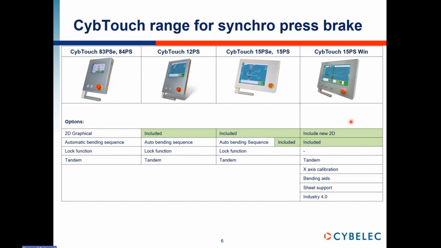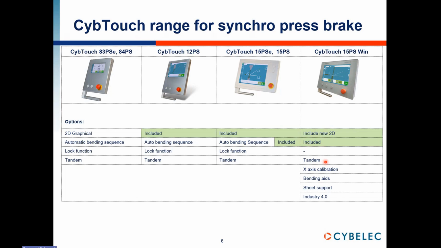So you can have hemming tools and hemming band in 2D, for example, preband. So more options in 2D. Automatic band sequence is optional on CybTouch 8, 12, and 15 PSE, but included in 15 PS and PS Win.